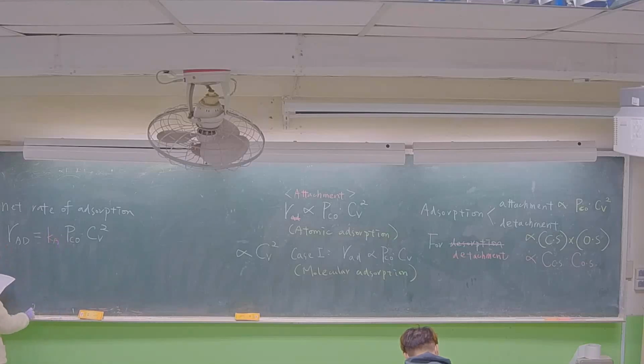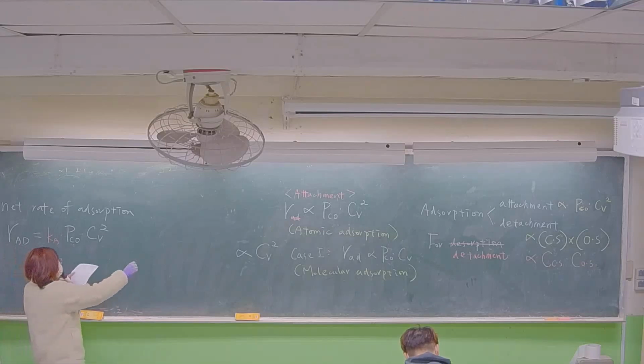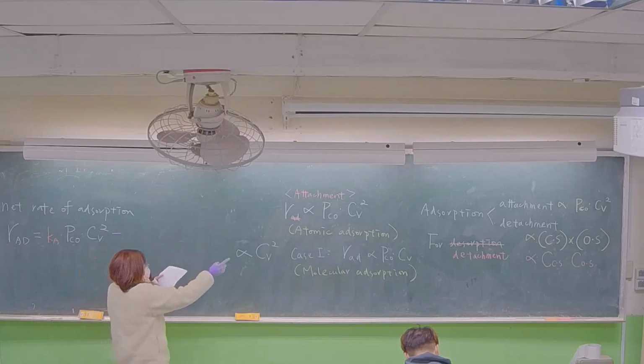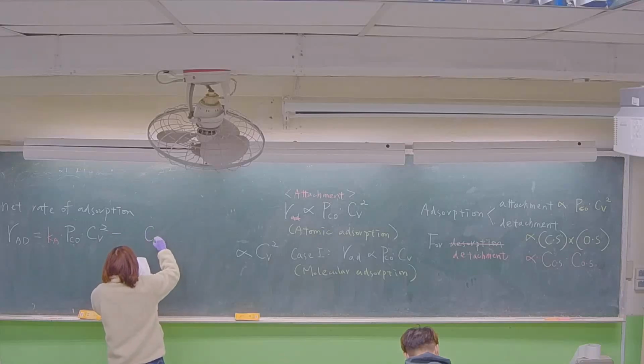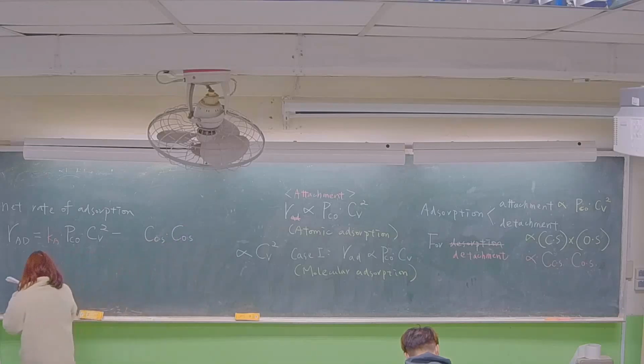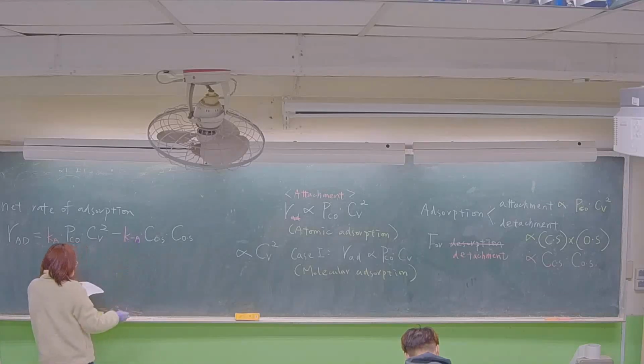That is Ka, for attachment. Then minus detachment. The detachment is proportional to the concentration of CS and the concentration of OS. Again, here it is an equal sign, so we should put a constant here. That is the net rate of adsorption. You can write it down in the middle of slide 39.